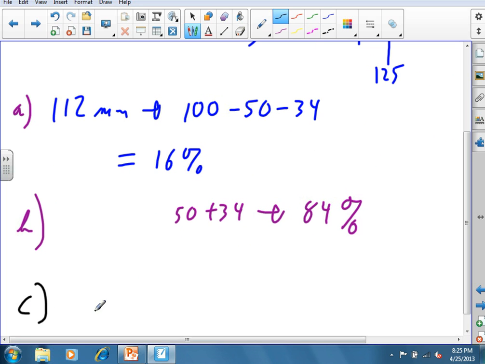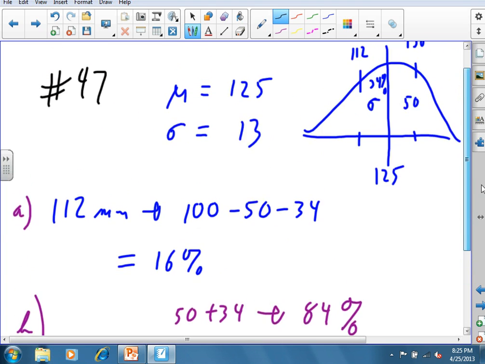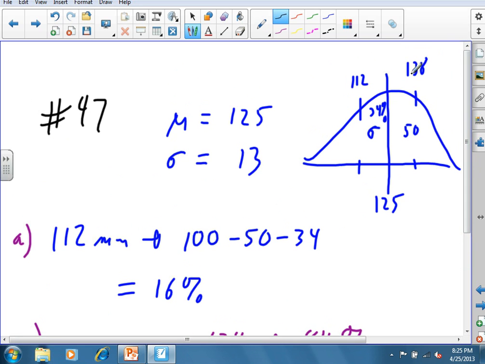And C is 164 millimeters. So come back up here. We add 13 and get 151, and when we add 13 more, we get 164.